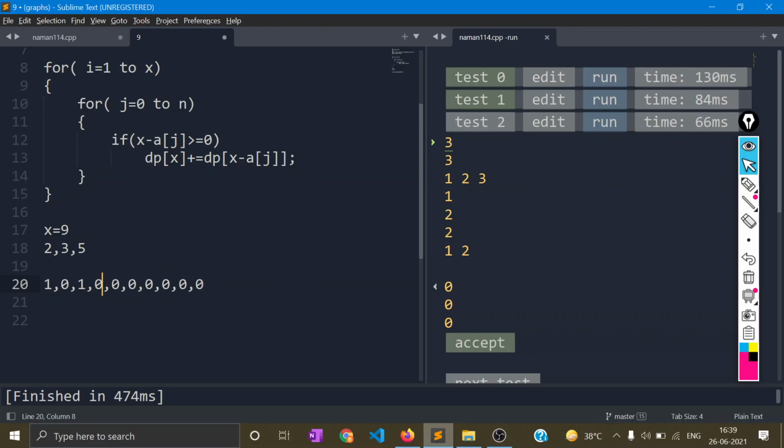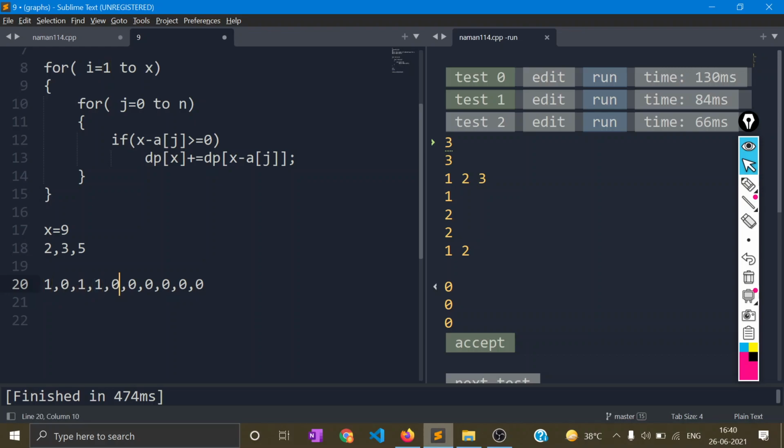And when I get to 3, then it would be 1. So the number of ways to make 3 is 1. When we first consider 2, 0 plus 0 is 0, so we fill nothing. But when we jump to 3 for j equal to 1, then 3 minus 3 is 0, and dp[0] is 1. So 1 plus 0 is equal to 1. We filled 1 here.